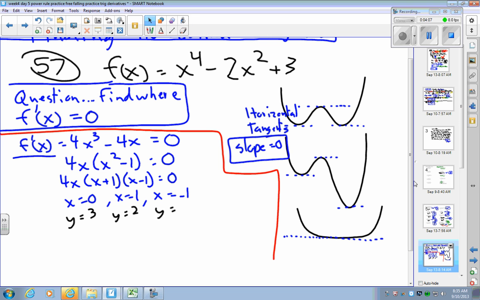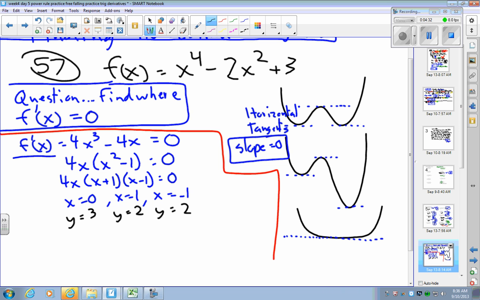I messed up. Sorry. So when I plug in, let's do that all over again. When I plug in 1, I get 1 minus 2 is negative 1 plus 3 is 2. Is that what I had? I don't remember. And if I plug in negative 1, I get 1 minus 2 plus 3 is still 2.